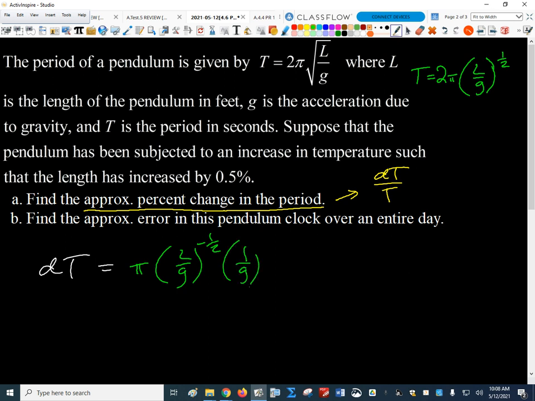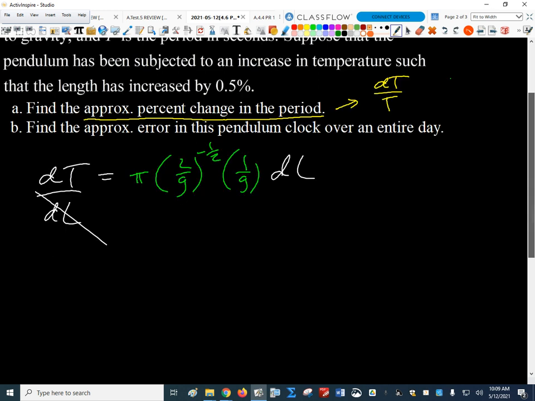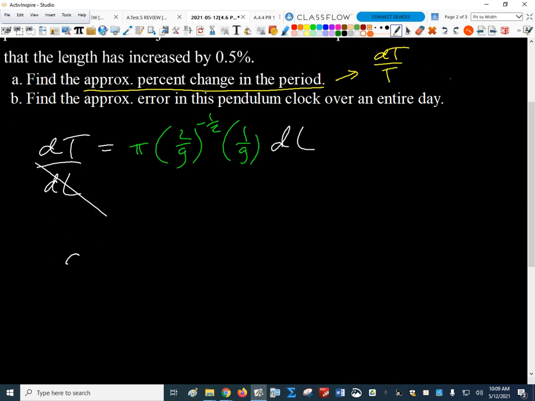1 over g. But I'm writing this in differential form. So what has to be at the end? dL, right? Everybody get that? Because really all I've done is instead of writing it as dT/dL, I've just multiplied both sides by dL. Put the dL over there, right? Okay, so we could clean that up a little bit. So dT equals, this is a negative square root, right?